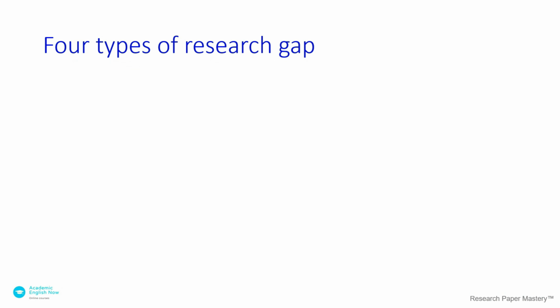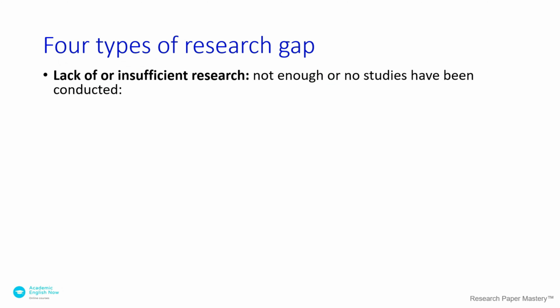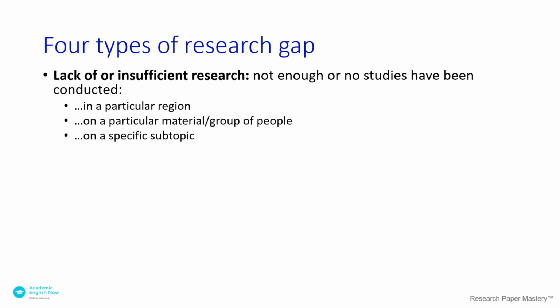So there are basically 4 types of research gap, right? The first one is lack of or insufficient research. So basically, not enough or no studies have been conducted in a particular region, on a particular method, material or group of people. Maybe there's a lack of studies on a specific subtopic, or maybe there's insufficient research using a specific method, approach, or tool.